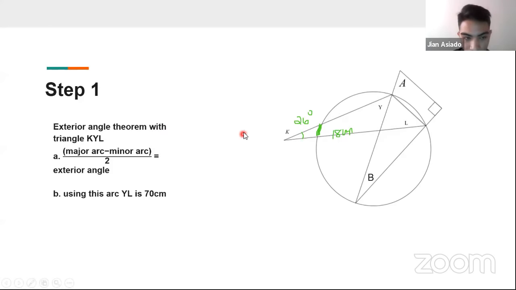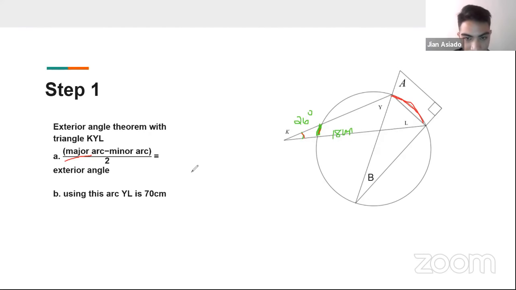So ibig sabihin yung major arc, yung malaking ito, minus minor arc, ito yung minor arc, is equal to 2 times exterior angle, no?